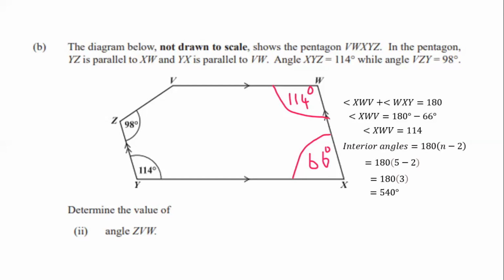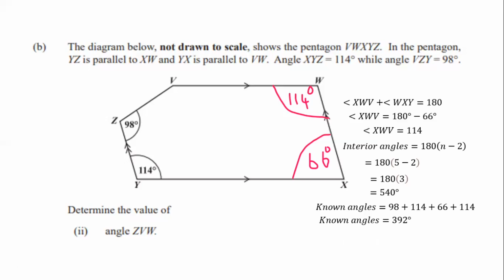Now that we know the sum of the interior angles is 540 degrees, we can subtract the 4 known angles from 540 degrees, and whatever remains would be the magnitude here at V. The known angles are 98 degrees plus 114 degrees plus 66 degrees plus 114 degrees, which gives us 392 degrees in total.